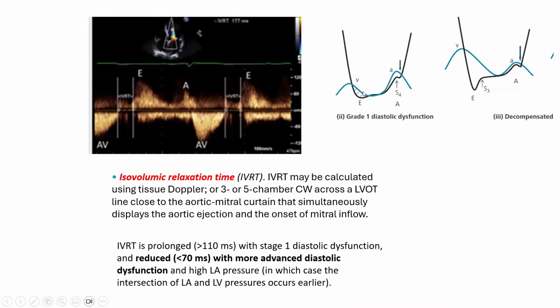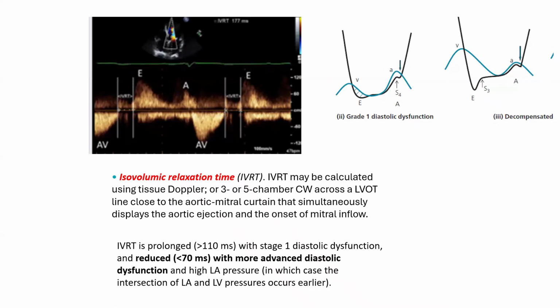So the higher your LA pressure between here to here, the shorter your isovolumic relaxation time. So this patient here with compensated diastolic dysfunction may have a prolonged isovolumic relaxation time. This patient with decompensated dysfunction and high LA pressure will have a short isovolumic relaxation time, as the LA pressure will force the opening of the mitral valve early on during LV relaxation.